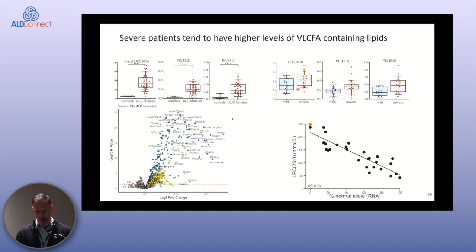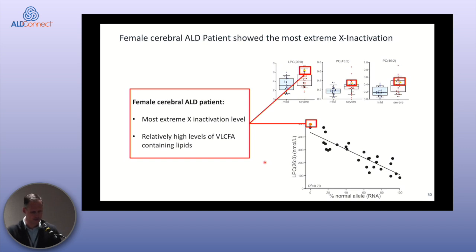And we were also able to correlate LPC-26:0 levels to X inactivation, showing a robust correlation. Now we had one female patient in our data set who had cerebral ALD. And interestingly, this patient had relatively high levels of the lipids that we identified, and it also had the most extreme level with regards to the X inactivation.